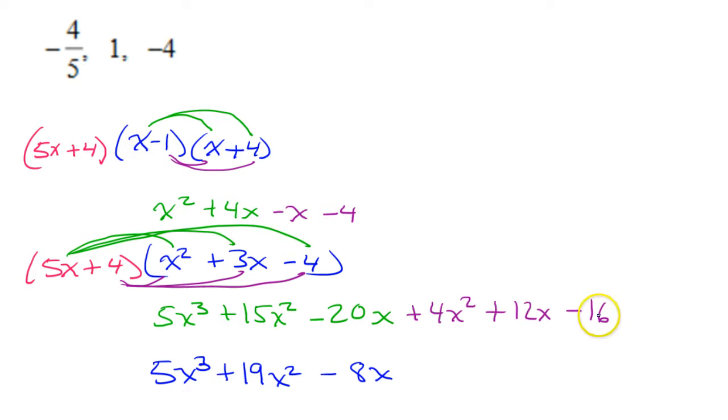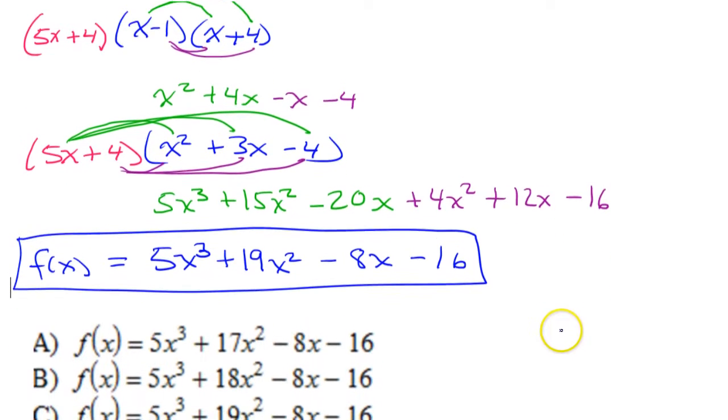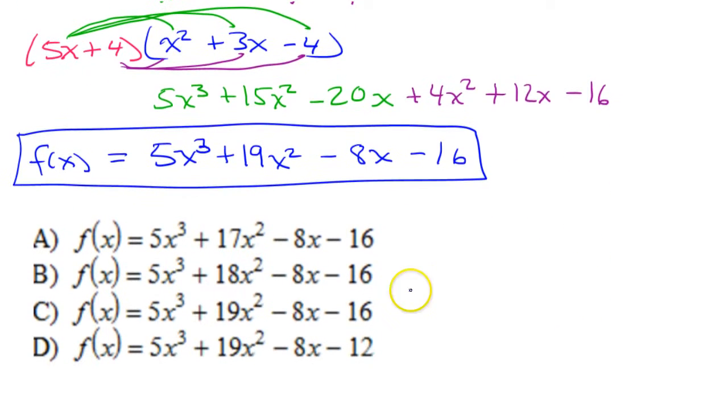And that just leaves the constant of negative 16. So this is the polynomial that has these roots or zeros. Okay, I see the 19 happening. Minus 8 minus 16. C is the answer.